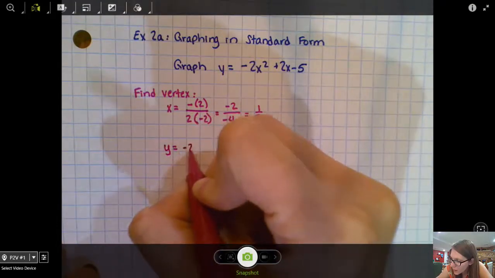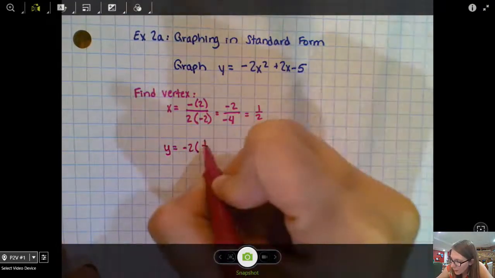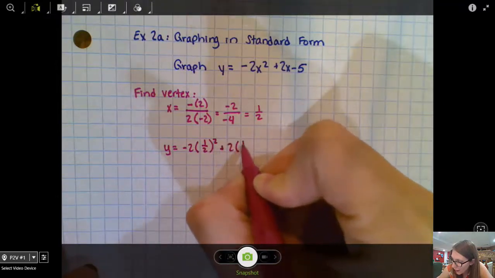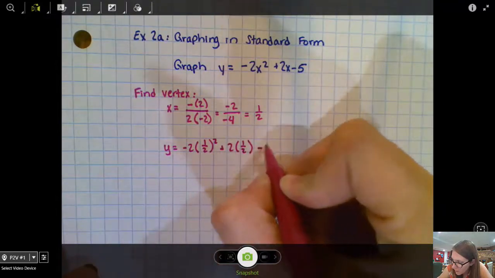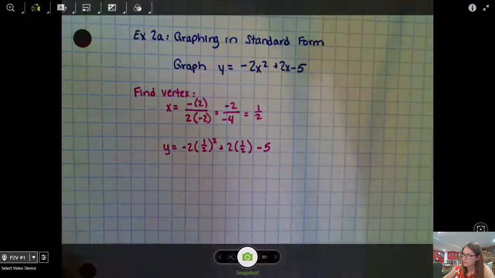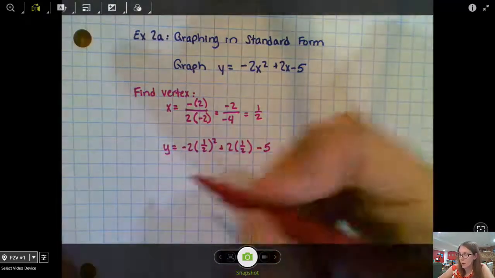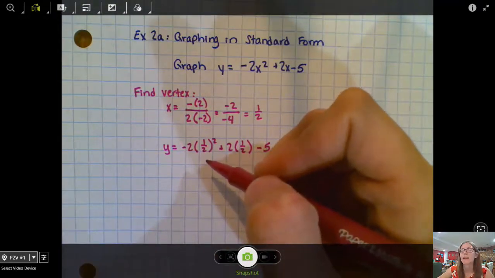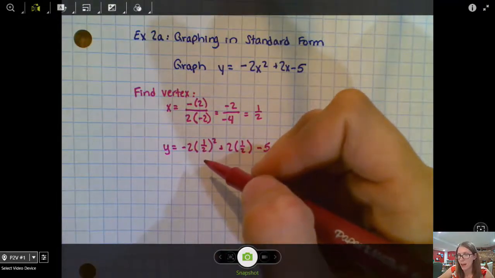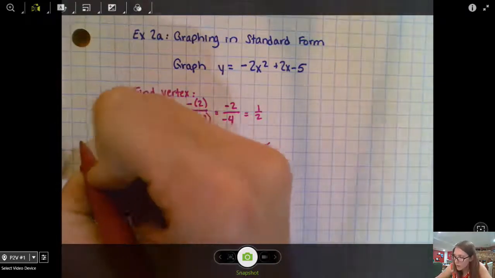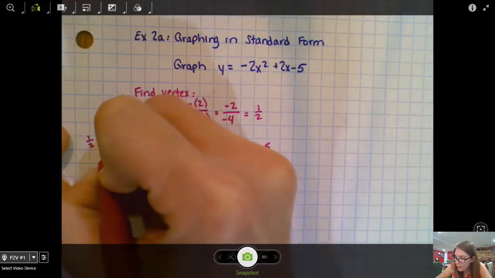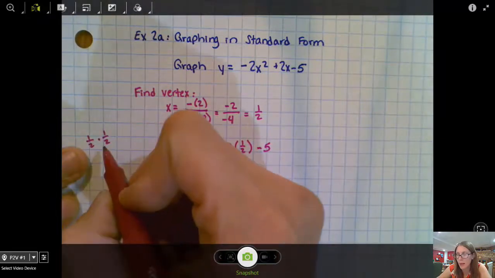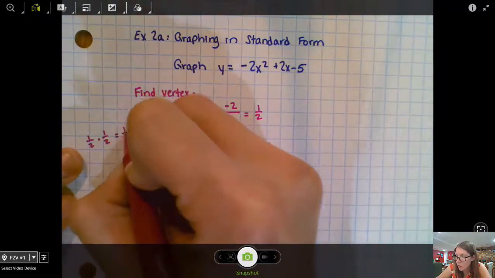y equals negative 2 times (1/2) squared plus 2 times 1/2 minus 5. Alright, well, (1/2) squared. Don't forget though, (1/2) squared means 1/2 times 1/2. If I multiply my fractions, we multiply our numerators, we multiply the denominators, that gives me 1/4.